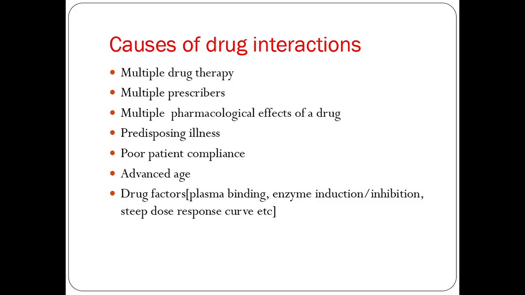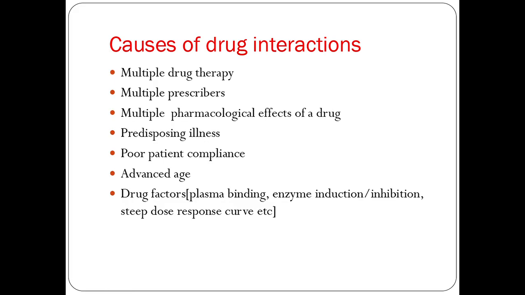Poor patient compliance. If the patient is not taking drugs properly, then there is also a chance of drug interactions. Advanced age. In old age, there might be a chance of drug interactions.